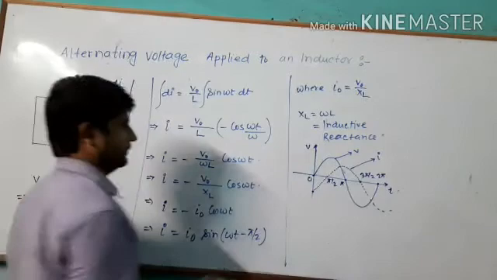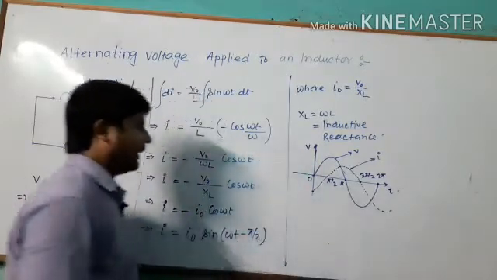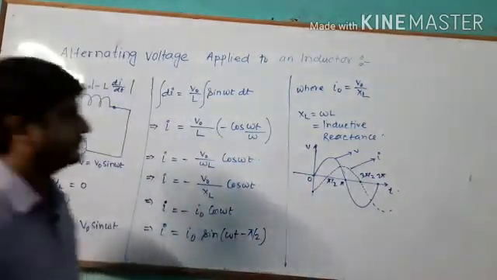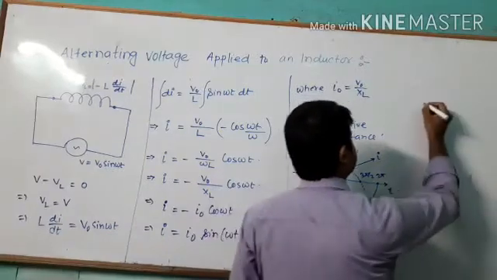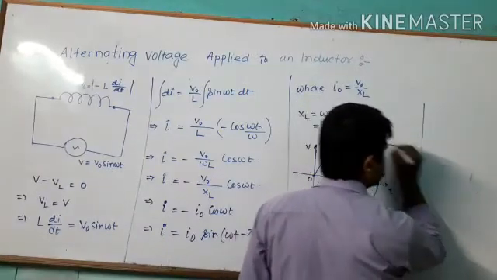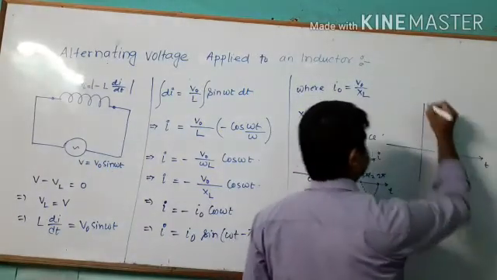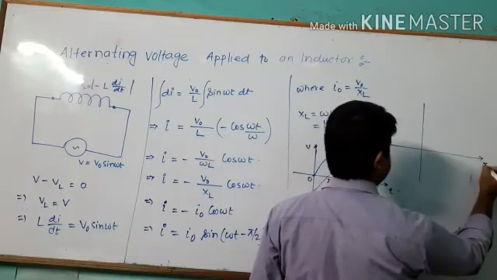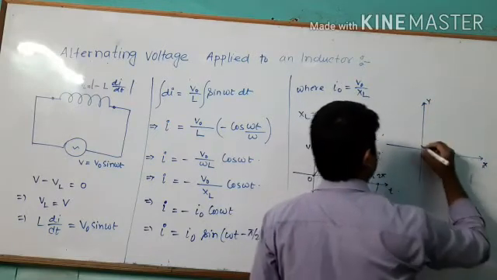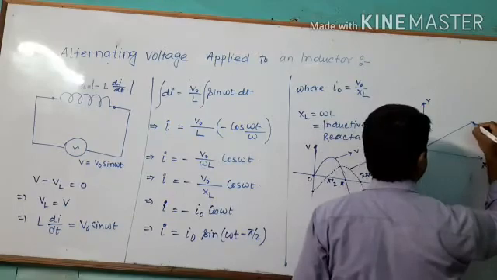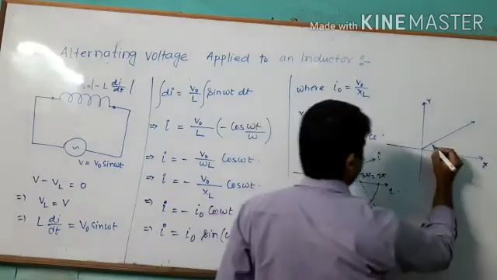Now what is the phasor diagram of this? So this x and this y, and they are in phase of omega t.